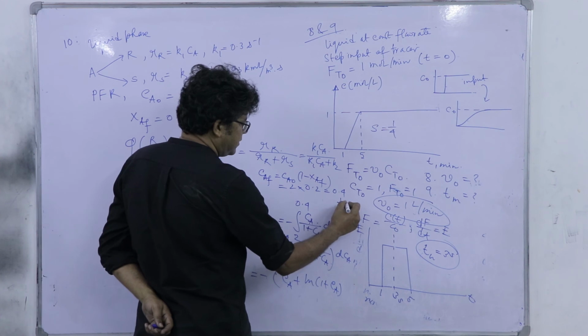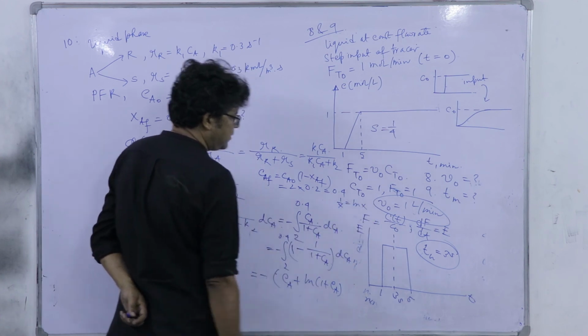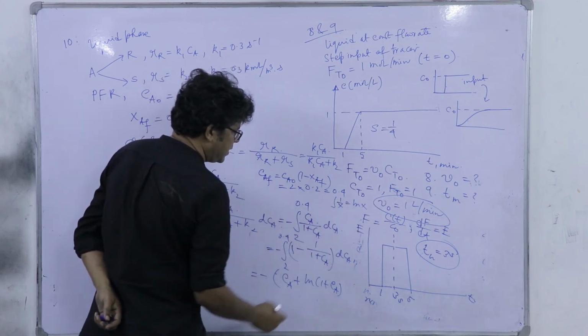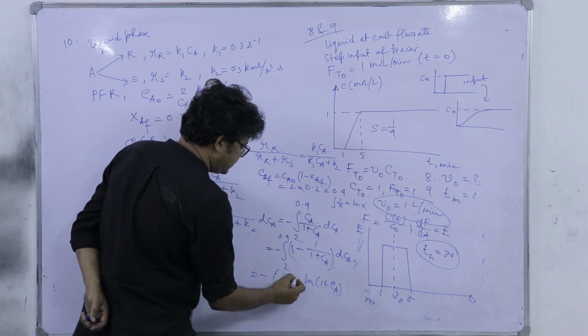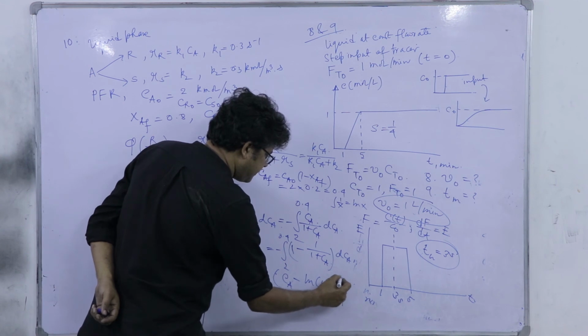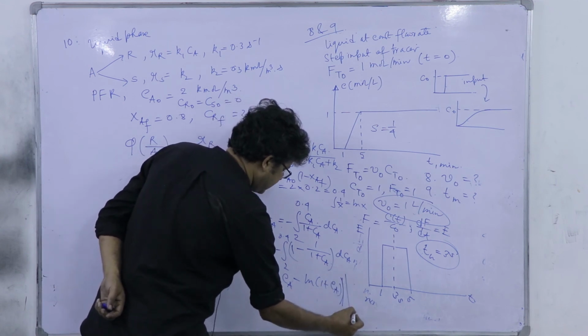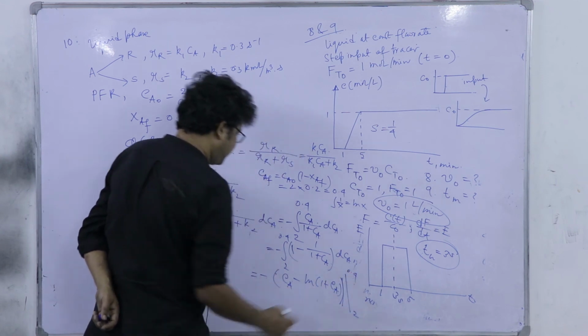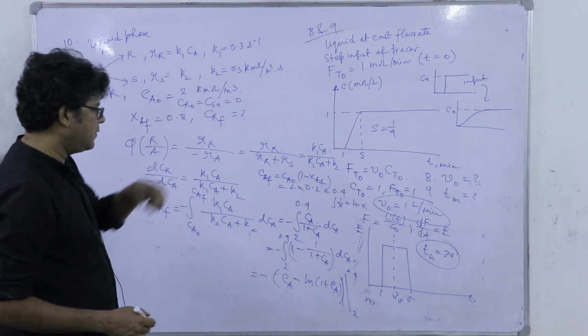The integral of 1 by x is ln x. So, it is minus ln of 1 plus Ca from 2 to 0.4. So, if I evaluate that, I will get the CRF.